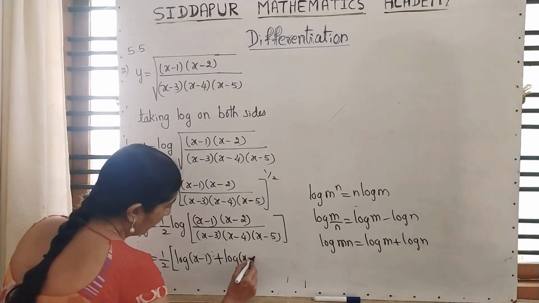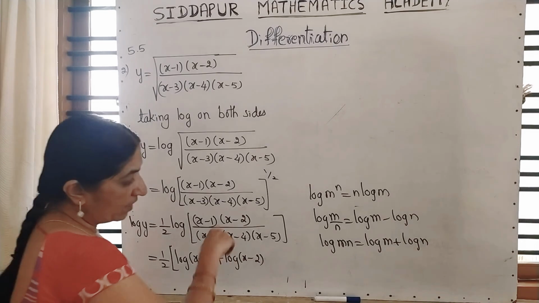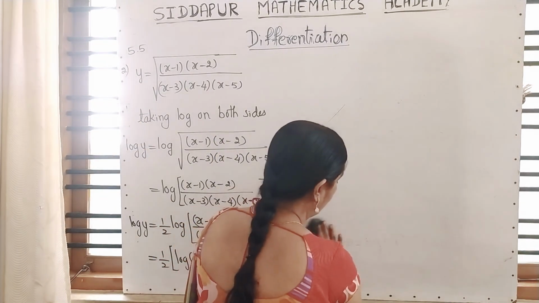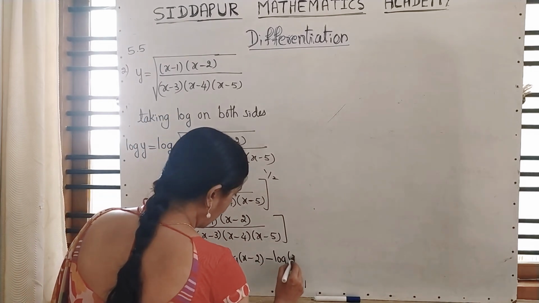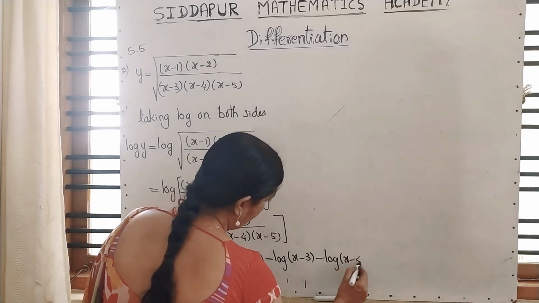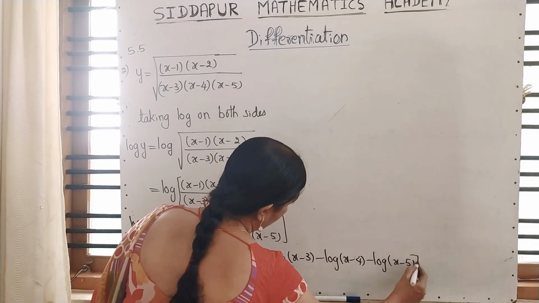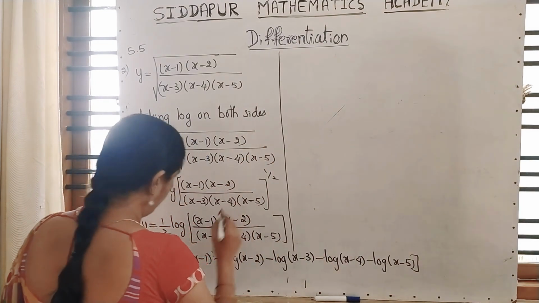Log of x minus 2. All these three terms are present in the denominator, so middle minus comes. Minus log x minus 3 minus log x minus 4 minus log x minus 5. See, now the differentiation is very simple.